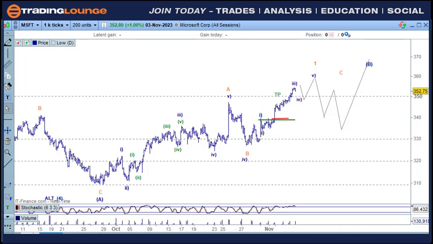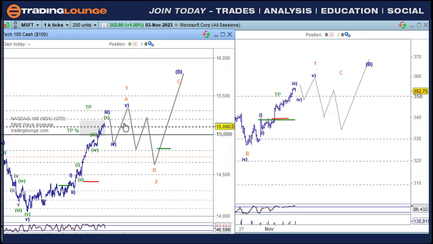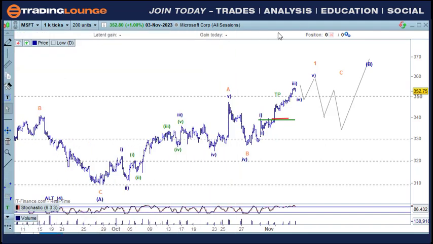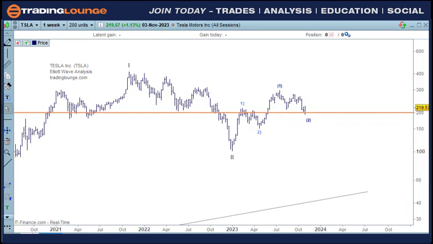So we'd need the NASDAQ with us. We need that 5 waves up in the NASDAQ, because 5 waves up in the NASDAQ is a consensus of those top 100 stocks. So that's really what we're looking for at the end of the day.